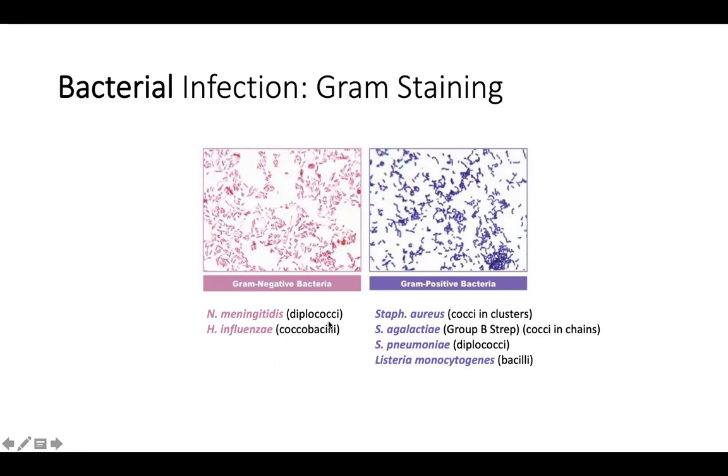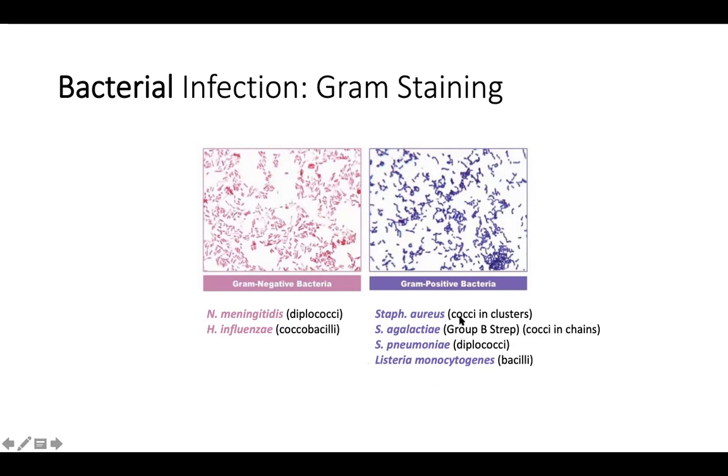Or it'll go through that it's an adolescent, they've got a rash, and they have meningitis and blah blah blah, and they want you to know what it looks like. So pink, gram negative. Staph aureus, group B strep, strep pneumo, listeria is all going to be gram positive.